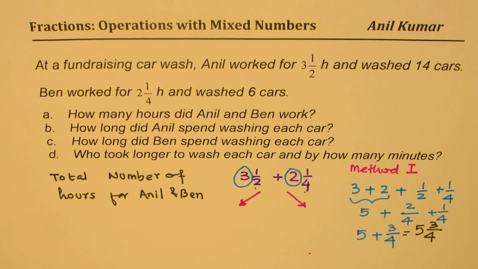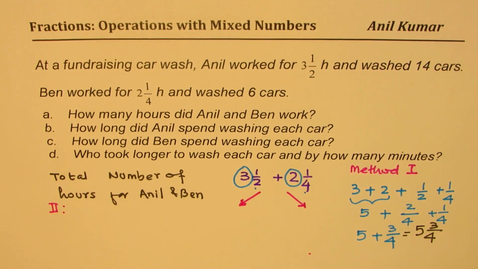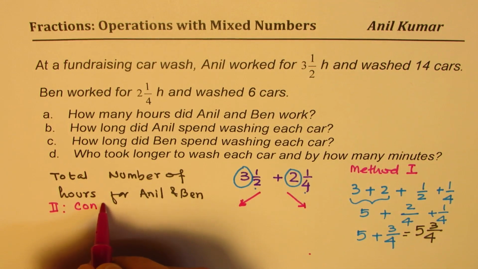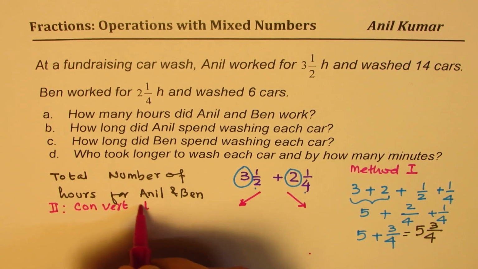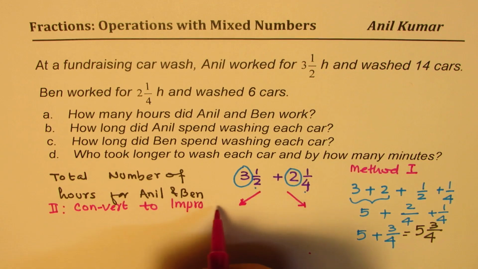Now let us see the other method. Let's say method 2. In method 2, we convert them to improper fractions.